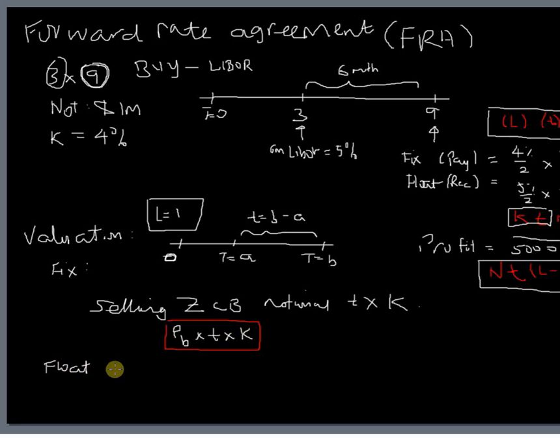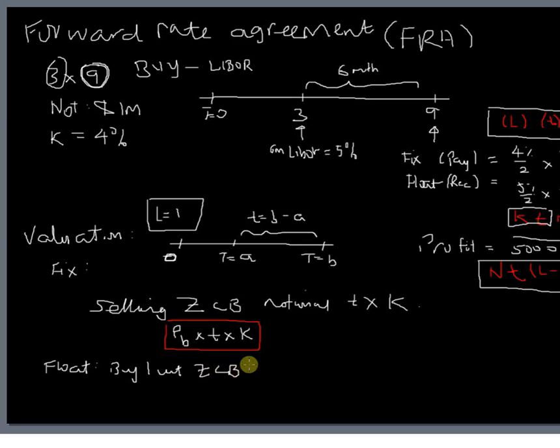Let's try to replicate the floating rate. We need to do two things for the floating rate. The idea is to try to obtain L times T at the end of the 9th month. Let's see how we can do that.